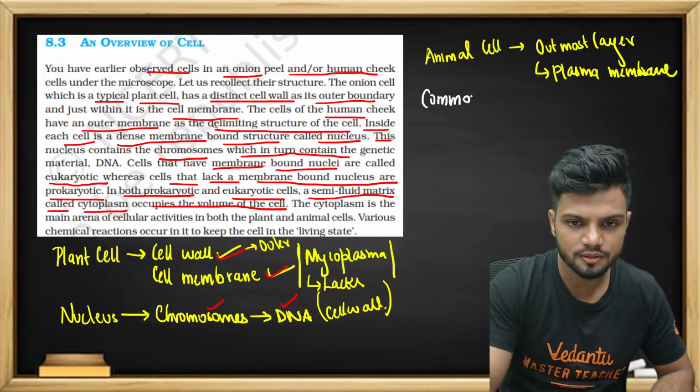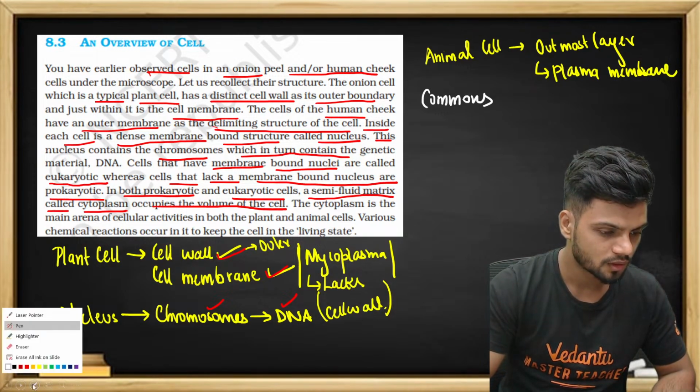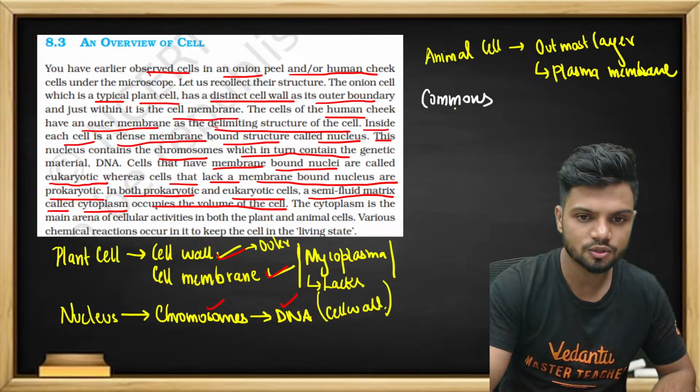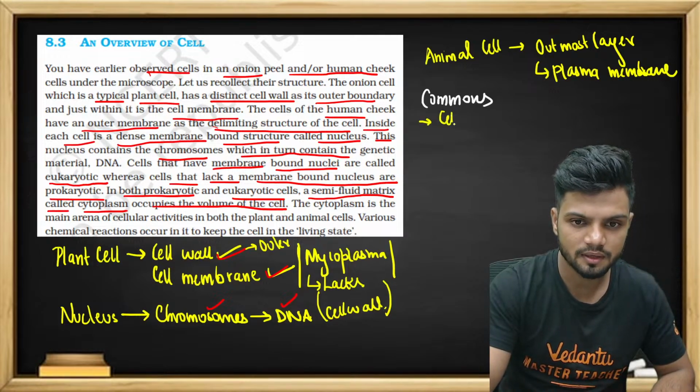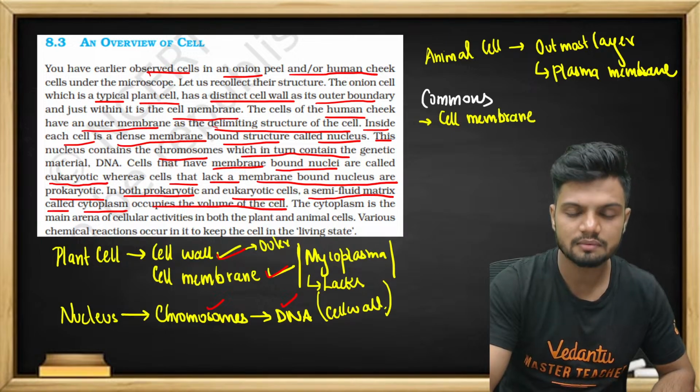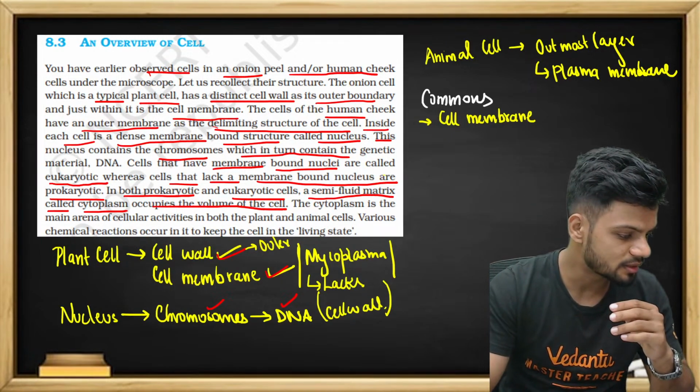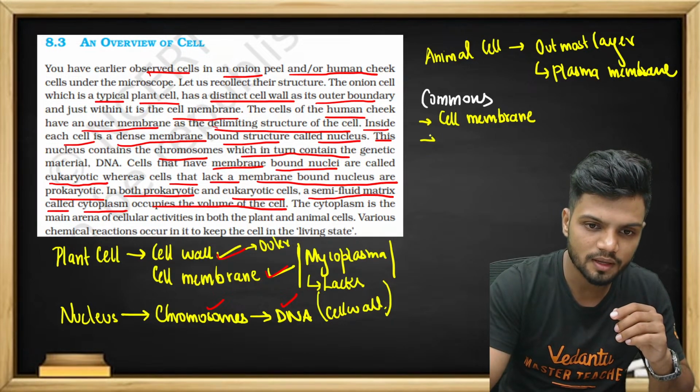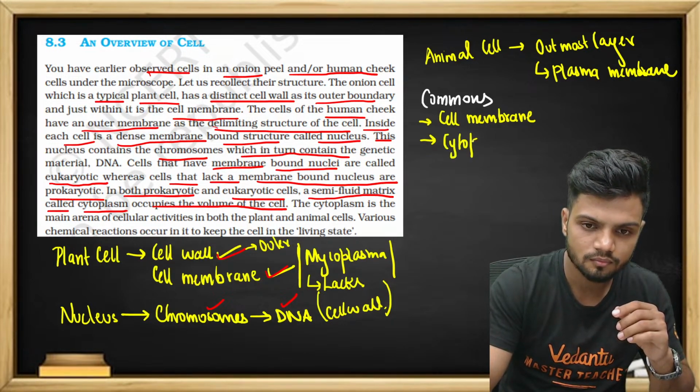Both prokaryotes and eukaryotes have a cell membrane on top which covers it. They have cytoplasm, a semi-fluid thing.